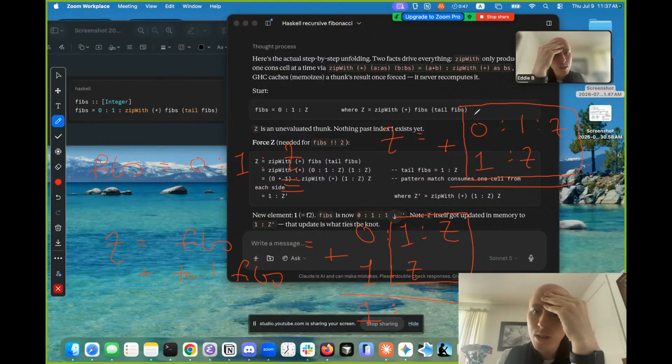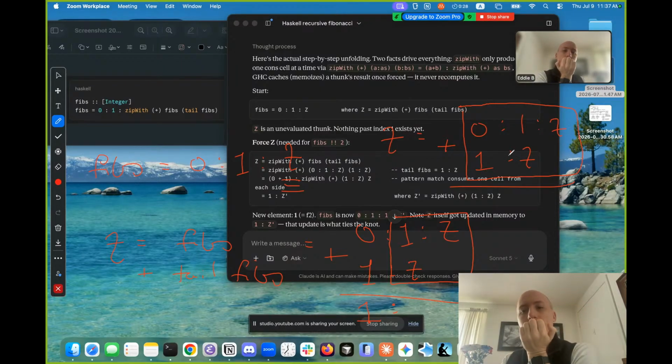So this was Z. And now we have this thing, which is I guess just this tail end here. So it's kind of like the tail of fibs plus the tail of fibs. Okay, and maybe that's all Z kind of means.